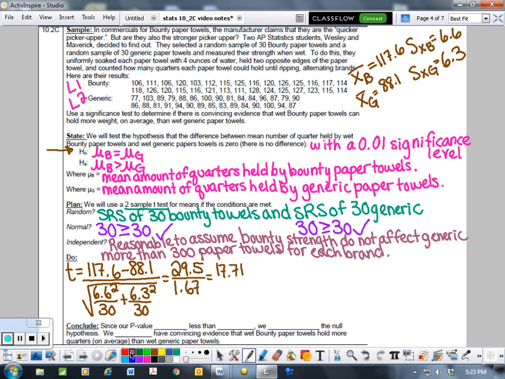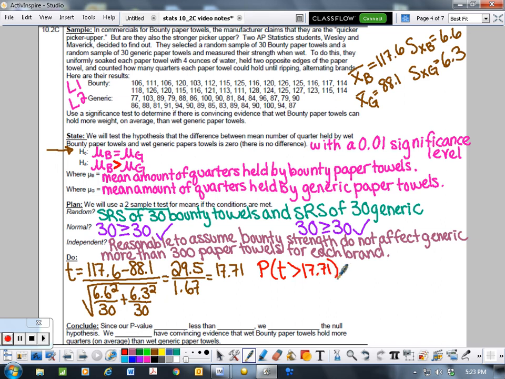Now that we have that, we can go ahead and calculate our p-value. So what's the probability of getting a t-score like that? And then I'm going to come back up to here. Greater than, because of my symbol based on that HA, greater than 17.71.